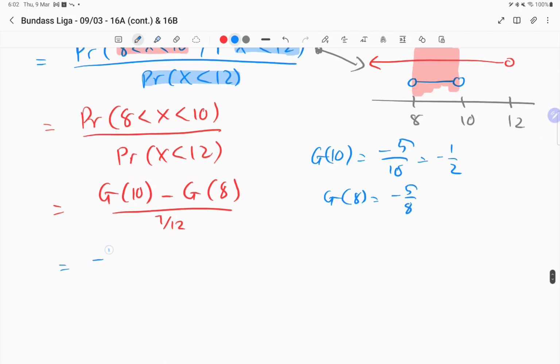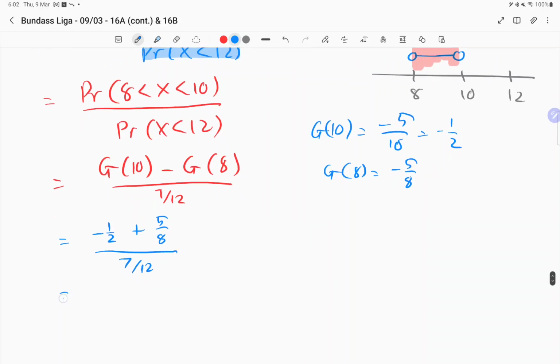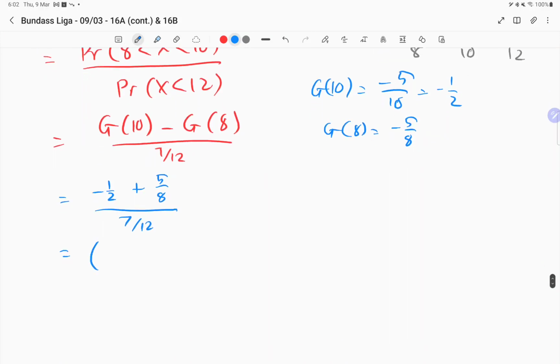So then that would be negative 1 over 2, minus is a plus 5 over 8, everything over 7 over 12. And when you divide by a fraction, it becomes times by 12 over 7. Then in the brackets, you need to make the denominator the same, so that'll be minus 4 over 8 plus 5 over 8. Make sense? Then that would be 1 over 8 times 12 over 7.